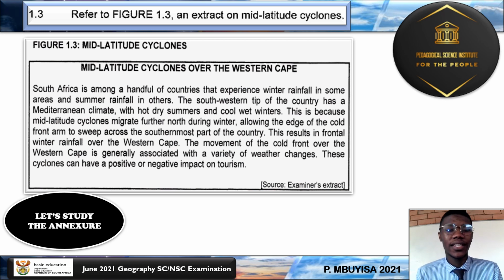So figure 1.3, mid-latitude cyclones over the Western Cape. South Africa is among a handful of countries that experience winter rainfall in some areas and summer rainfall in some others. The southwestern tip of the country has a Mediterranean climate with hot, dry summers and cool, wet winters.